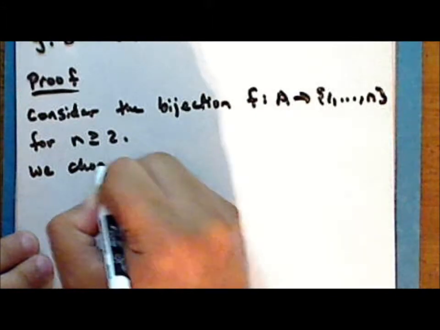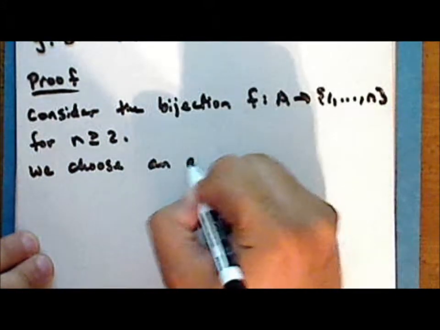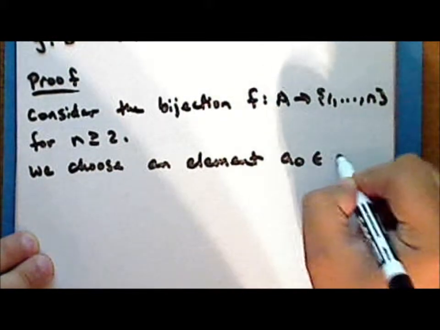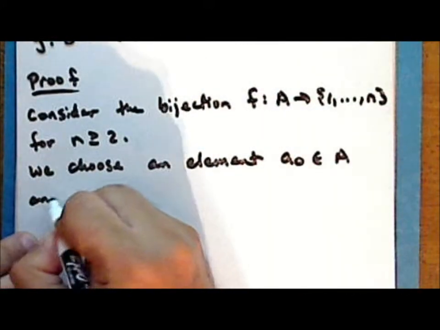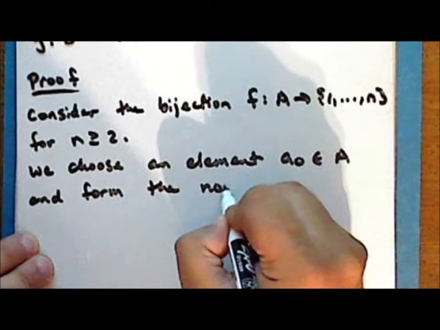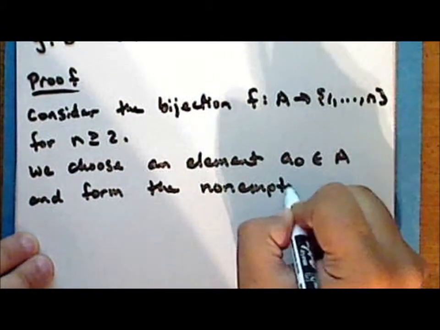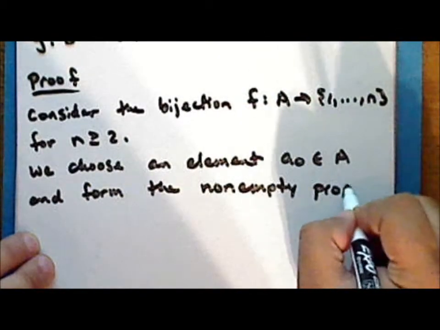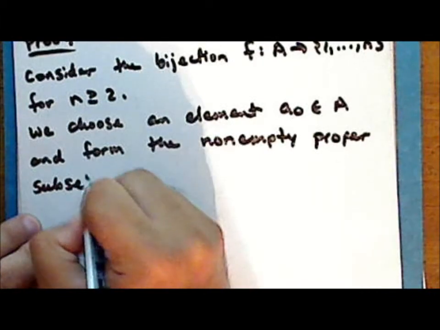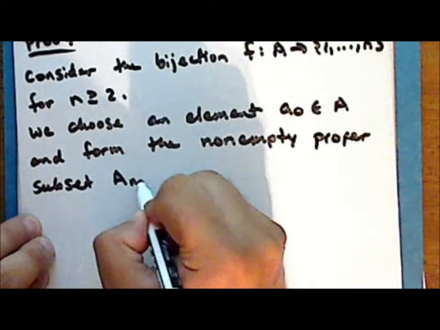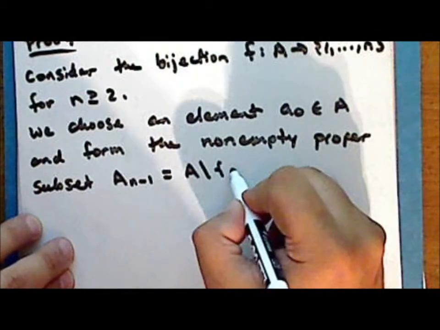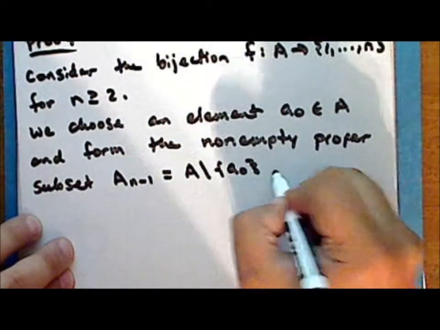We choose an element A sub naught in the set A and form the non-empty proper subset, which we denote A sub n minus 1, which is the set A without this element A sub naught.